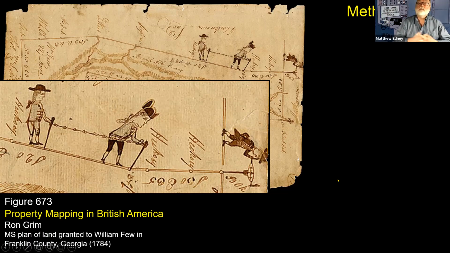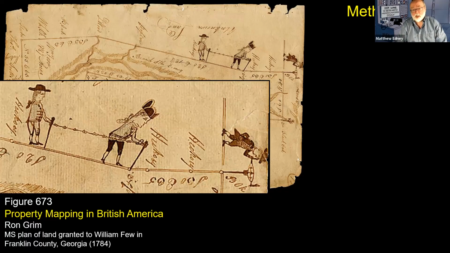And then trailing him are the chainsmen, the people using a chain. Originally, back in medieval and early modern Europe, these were rods, also known as poles or perches, of different lengths for different communities, different kinds of land even. But in the 18th century, they start to get standardized, either 50-foot or 66-foot long chains.